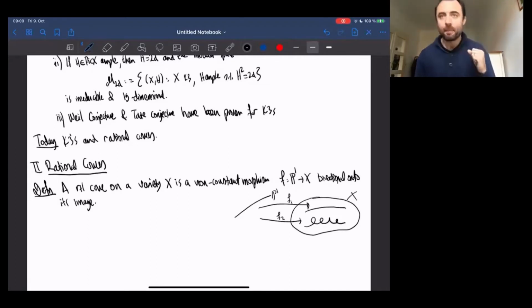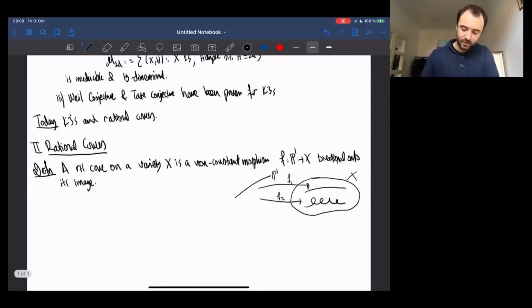Okay. So we're of course interested in the existence of rational curves on varieties, and this is an extremely rich subject.